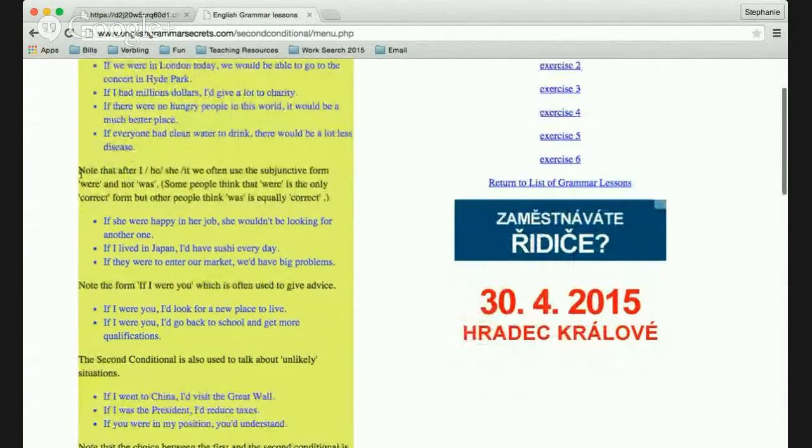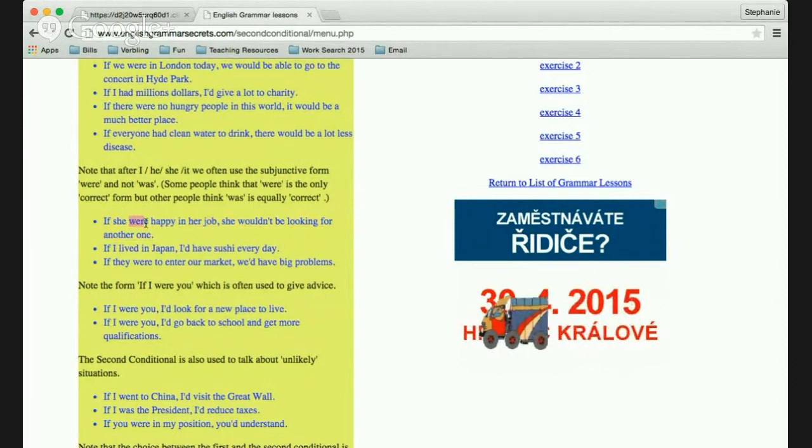This will come up after I, he, she, and it: it's not the simple past that we use, it's actually the subjunctive form. The subjunctive in English has almost died, but this is one place where we still use it. So here, for example, if she were happy in her job, she wouldn't be looking for another one.